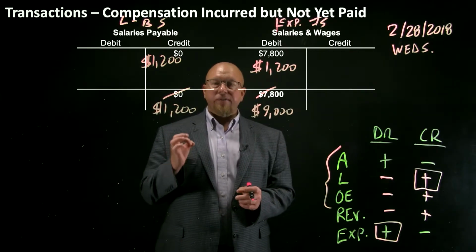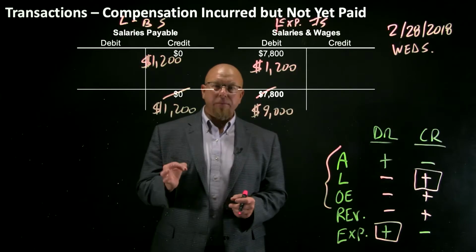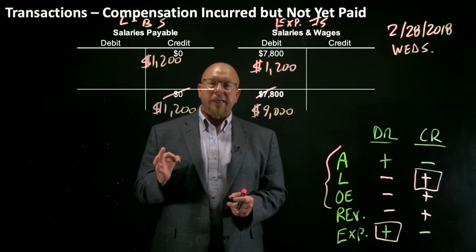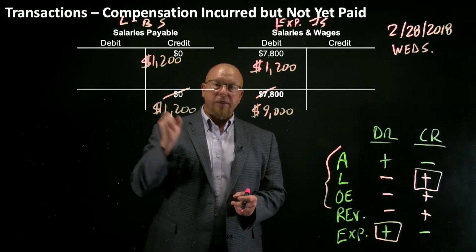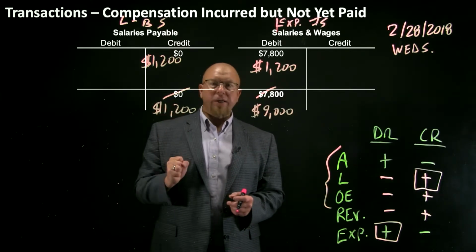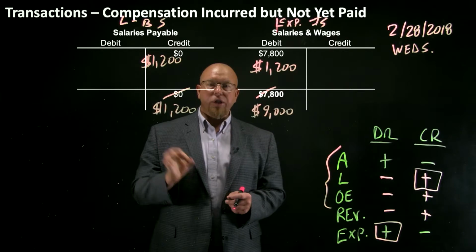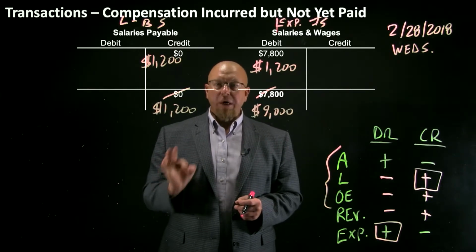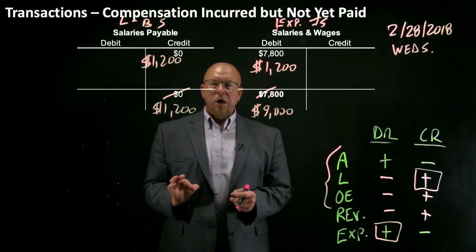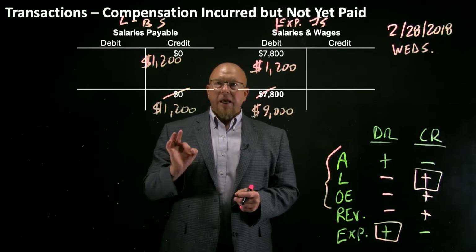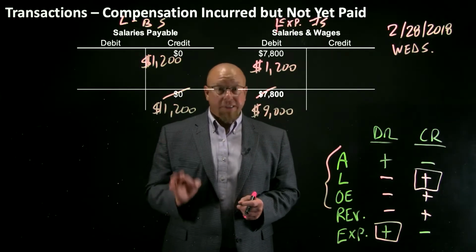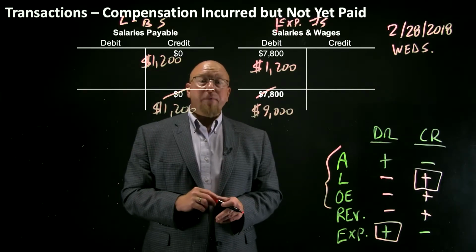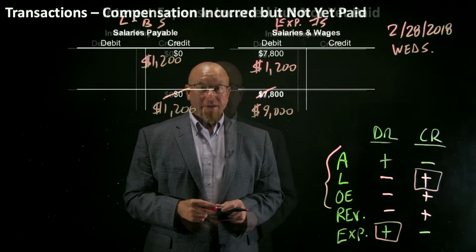And we've given financial statement users just a little bit more information to help assess those future cash flows. If you look at the balance sheet and you see salaries payable or accrued wages of $1,200, you, as the informed reader of those financial statements, know that the company has to pay that money pretty darn soon to its employees. Because I don't know about you, but most people wouldn't work very long without a paycheck.